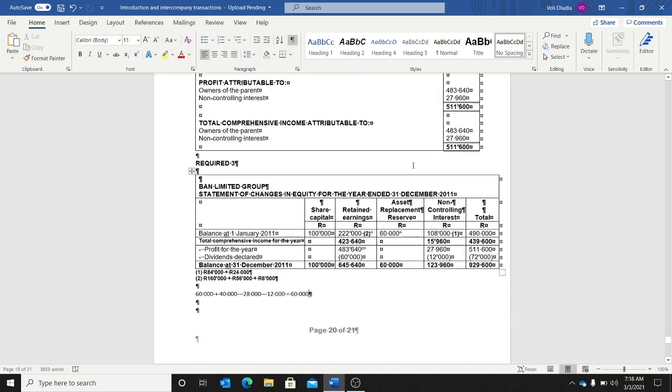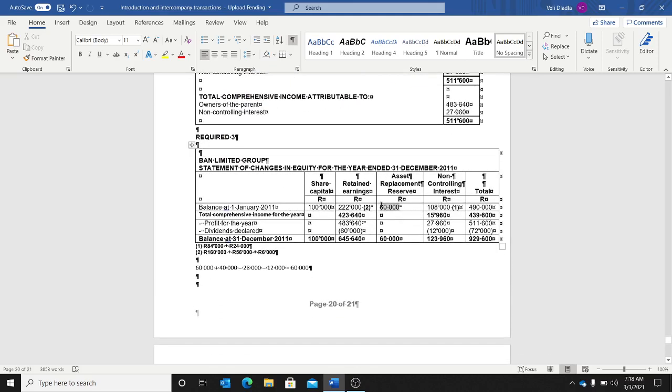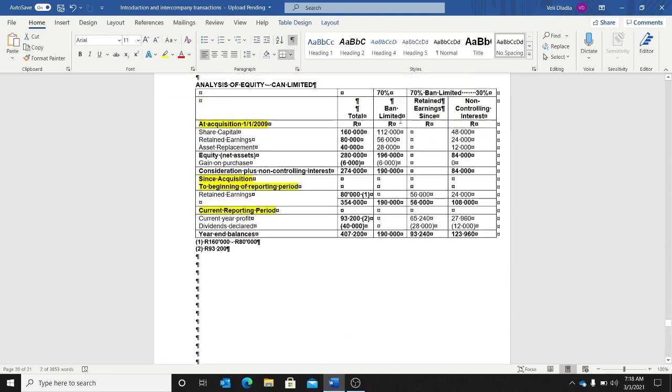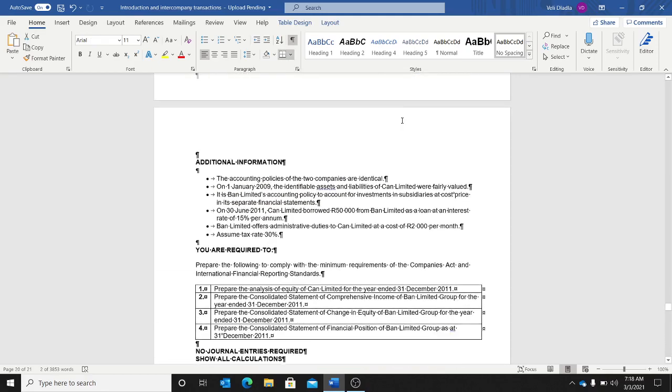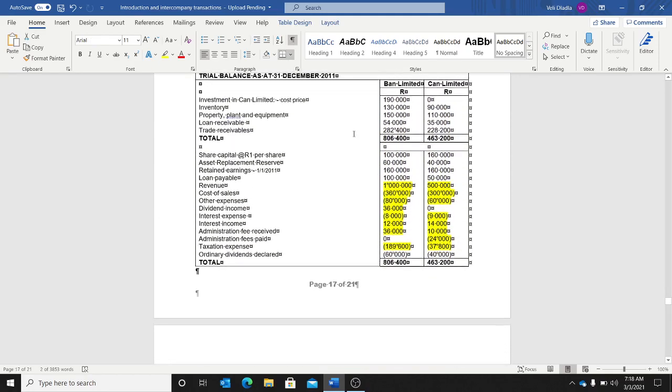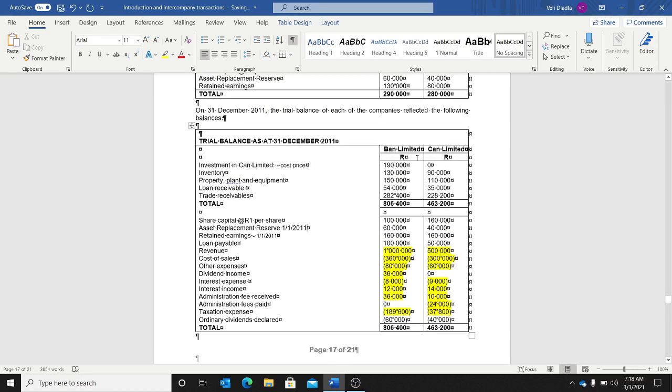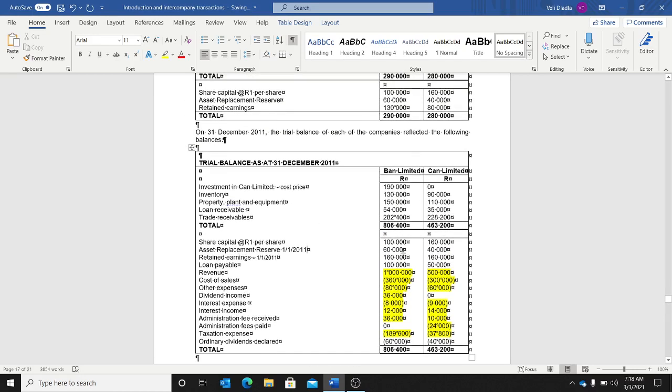Asset replacement, the opening balance, I'm talking about this one. What you do, you say, what is the asset replacement reserve of the holding company? It is 60 here, right?